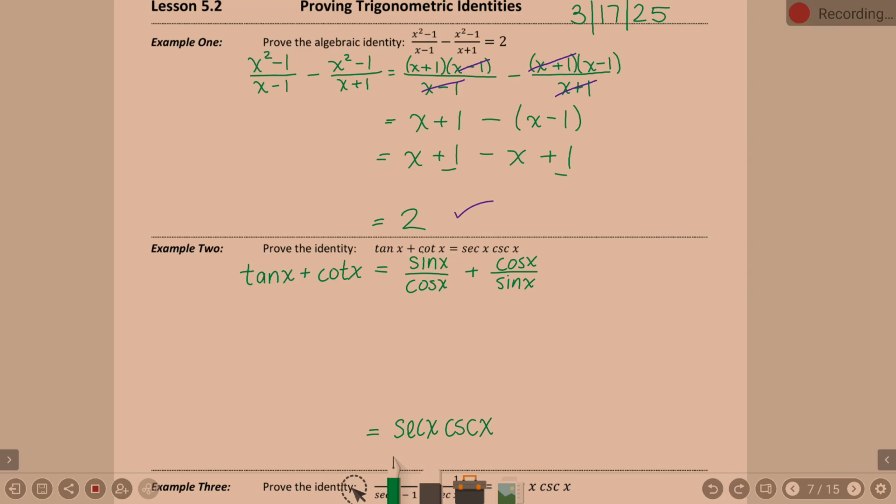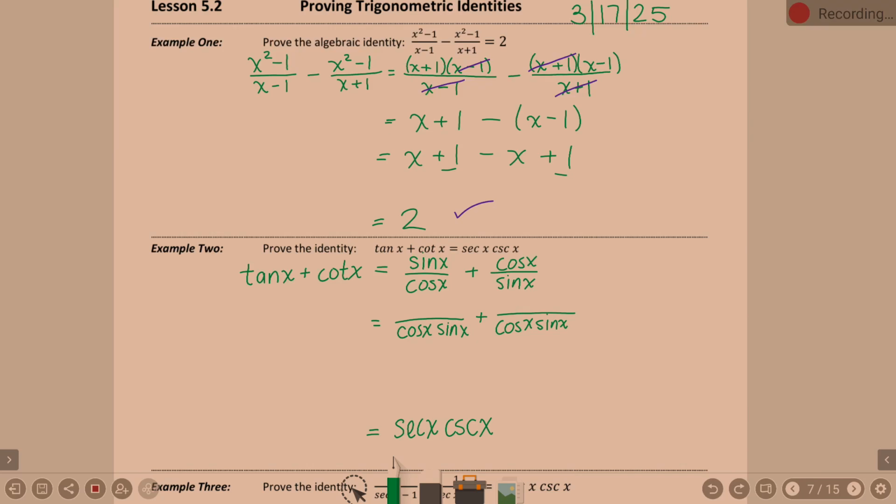Remember, when the denominators really don't have anything in common, we just shove them together, yes? So my first fraction is going to become a denominator of cosine x sine x, plus my second fraction is going to become a denominator of cosine x sine x.